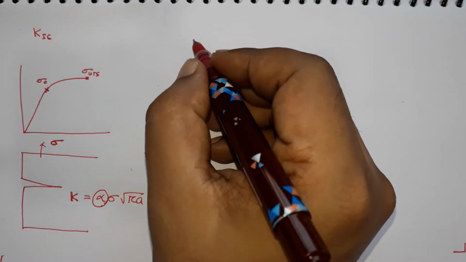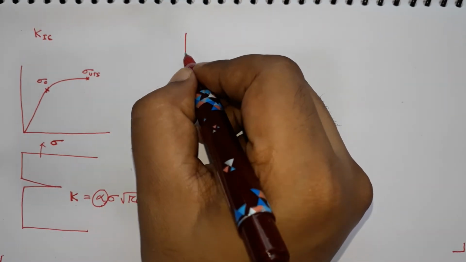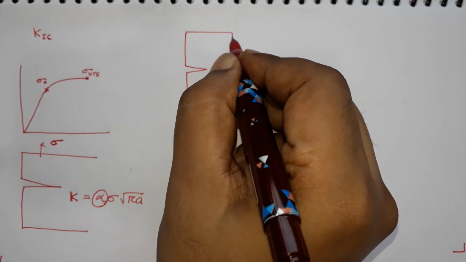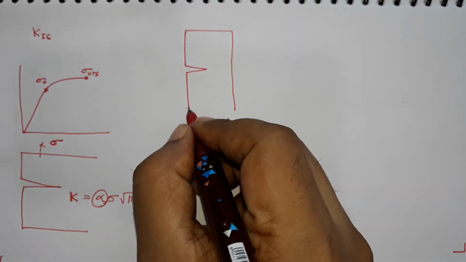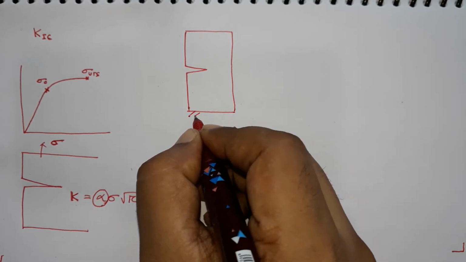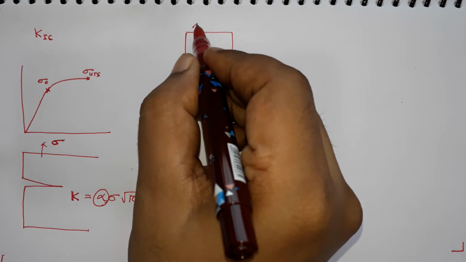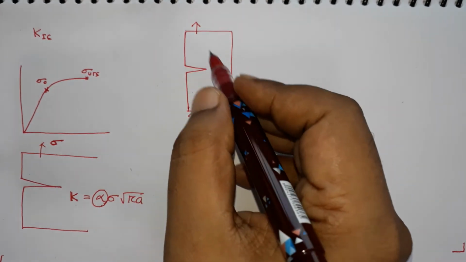One we will consider. So, for example, if we have a crack which is at the edge of the specimen, and this specimen is being opened up in tension. So, the stress is applied there.